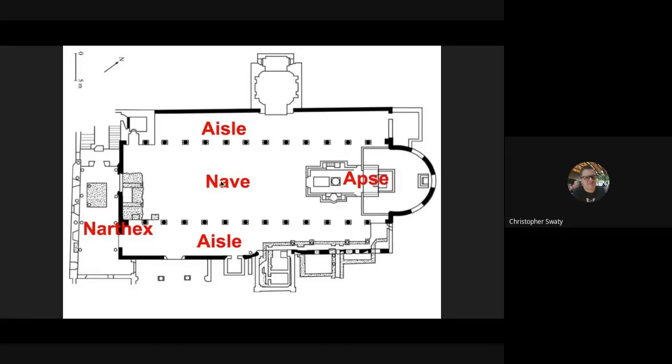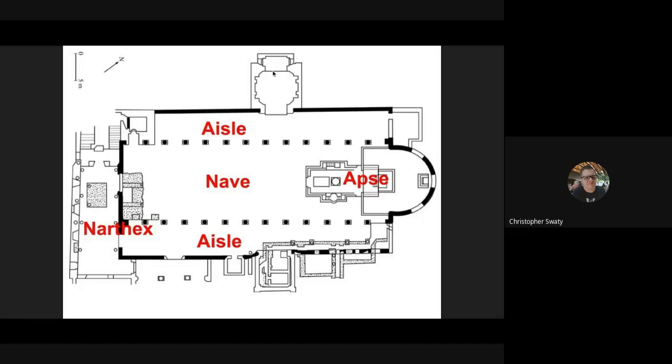The nave is where people would sit, and then we have the aisles on either side. We'll talk more about why those aisles are on either side later on, probably next week, because eventually that does serve a real purpose other than just having more space to walk to get to your seat.